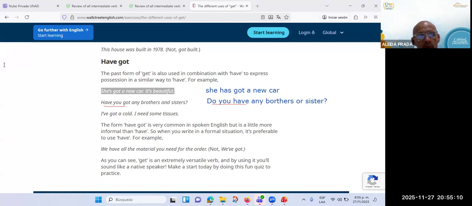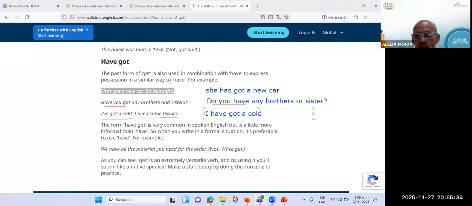Here we have another example. I've got a cold. I need some tissues. Okay, the person is sick, is ill. And he says, I've got a cold. What does it mean? I have got a cold. In British English, it's very typical to use that expression, I've got.